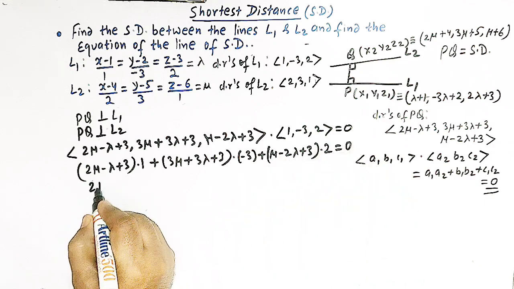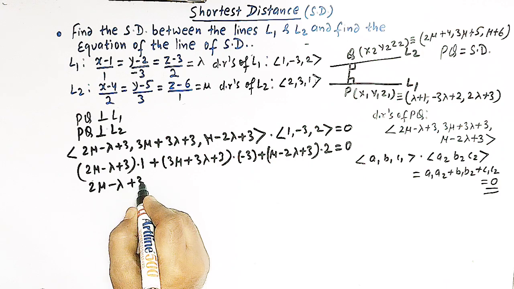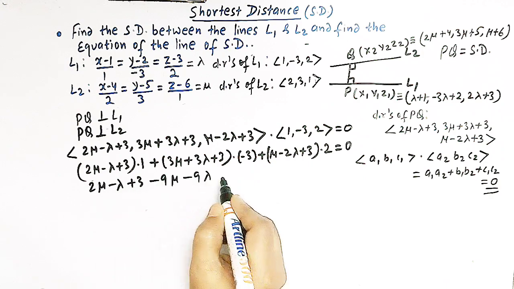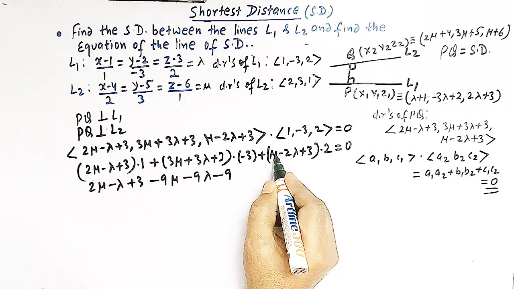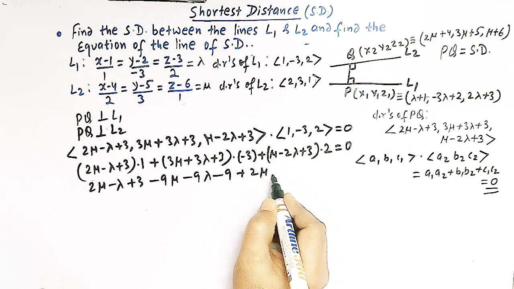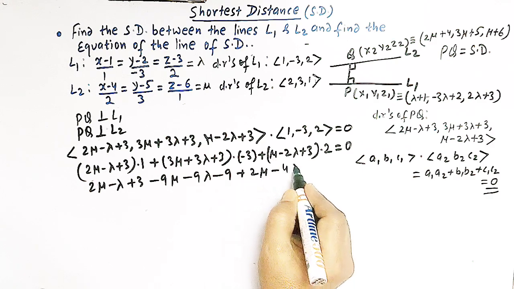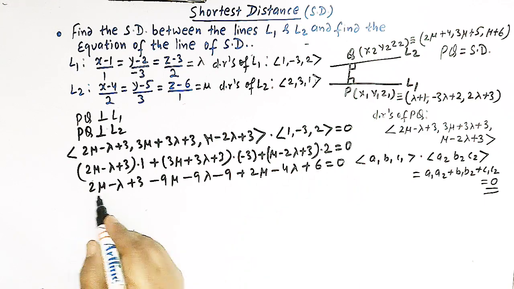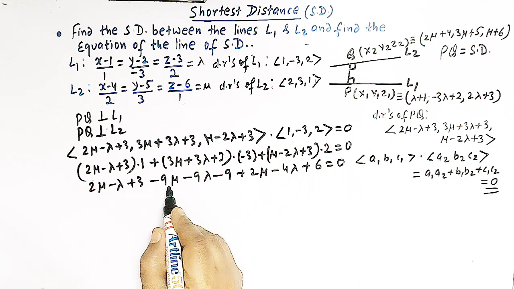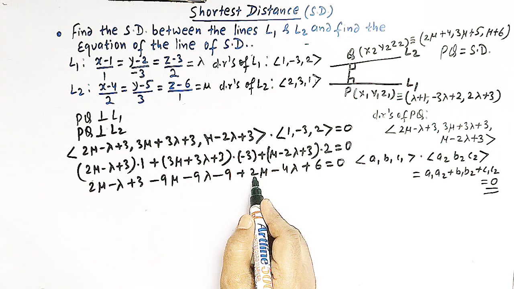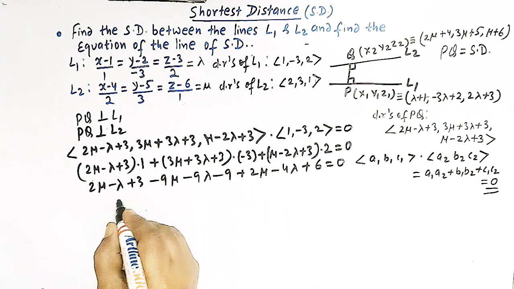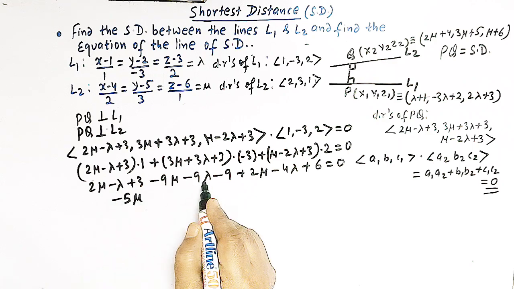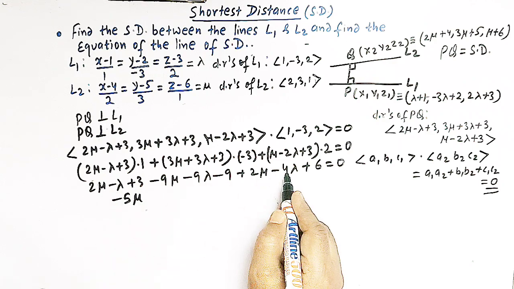So now simplifying, 2 mu minus lambda plus 3, here we have minus 9 mu minus 9 lambda minus 9, and here we have 2 mu minus 4 lambda plus 6. So now 2 mu and minus 9 mu, that is minus 7, and plus 2, that is minus 5 mu, and here minus lambda minus 9 lambda and minus 4 lambda.